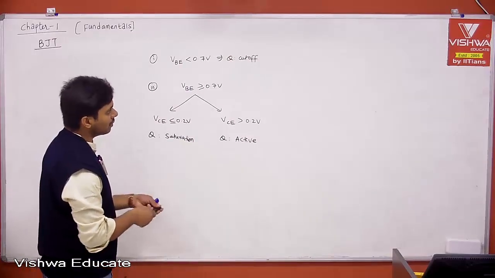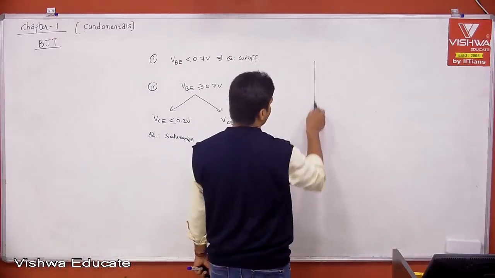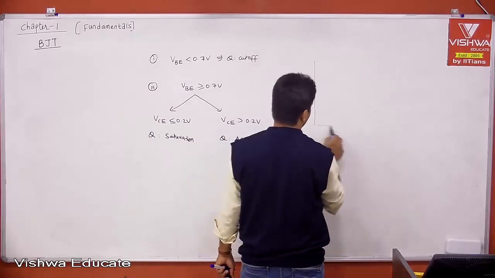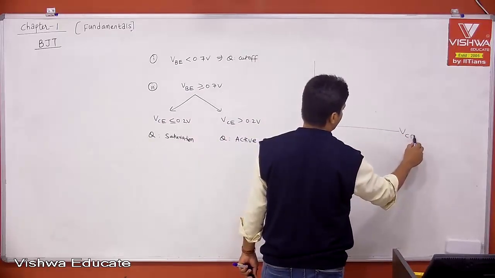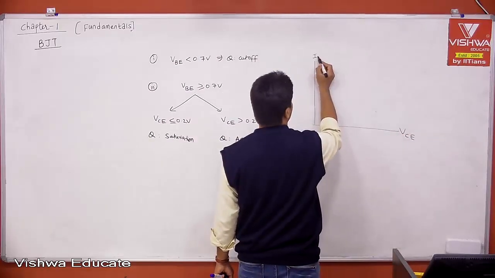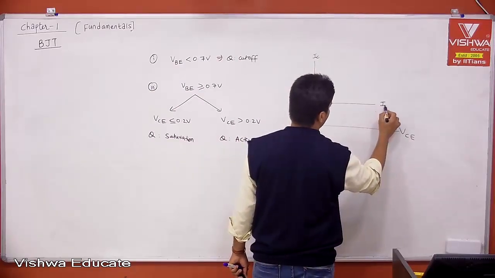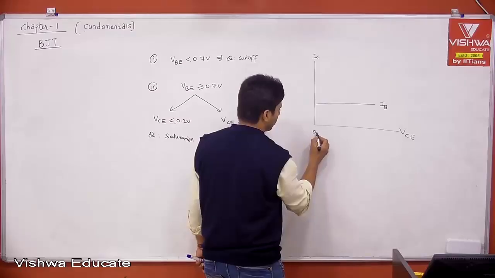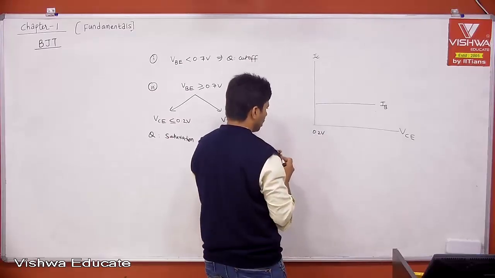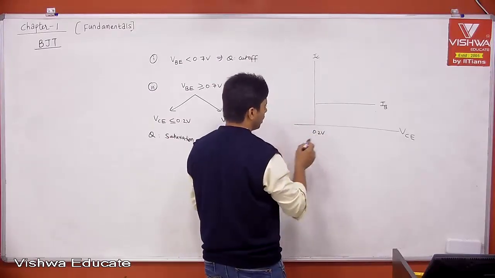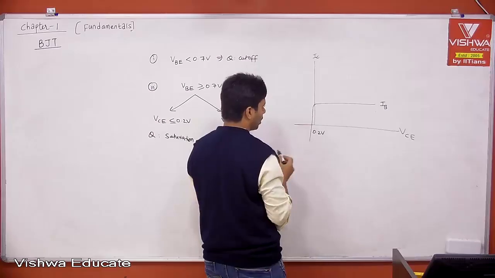Maybe with respect to a graph, again the same thing. With respect to the graph, this is your VCE and this is your IC. Now let us say this is what it is for a given IB, and this is your 0.2. Now if I extend the VCE curve, then actually the current will be going like this.